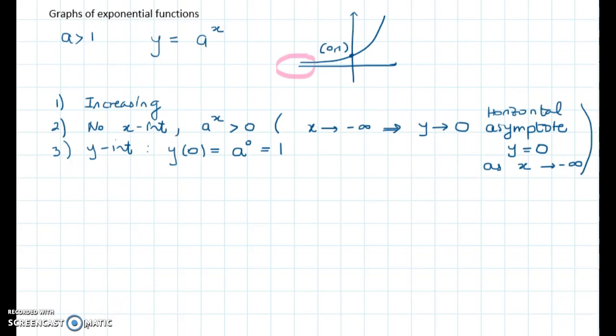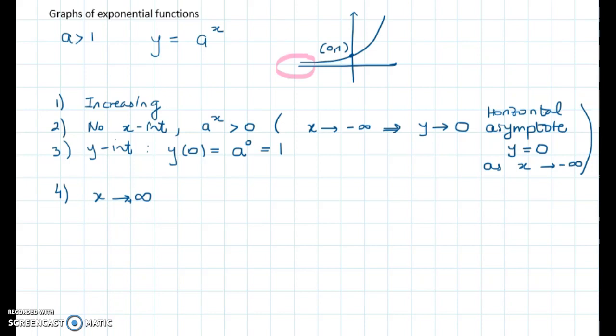Again, talking about what's happening for very far away values of x. So what's happening when x is huge? We write x approaches infinity, and we mean positive infinity. So what happens when our value of x is 1,000 or a million or millions of millions?